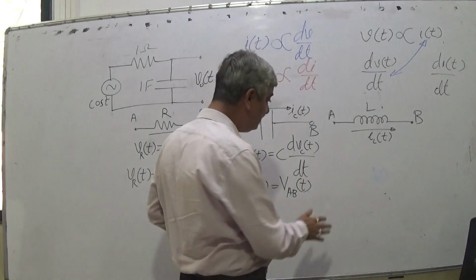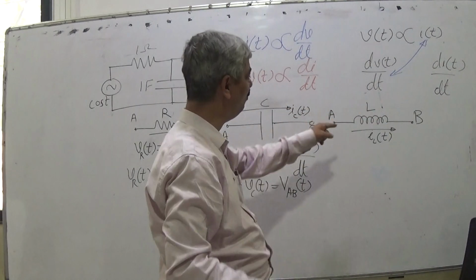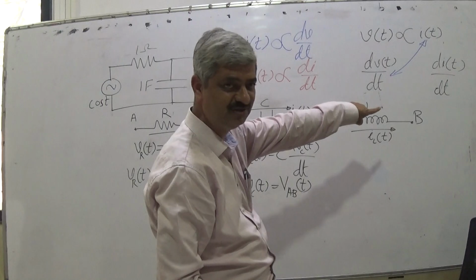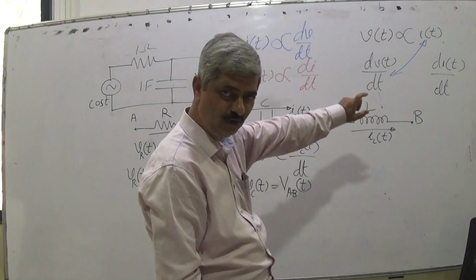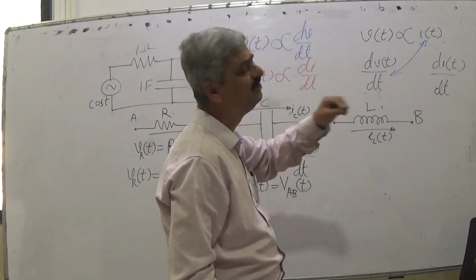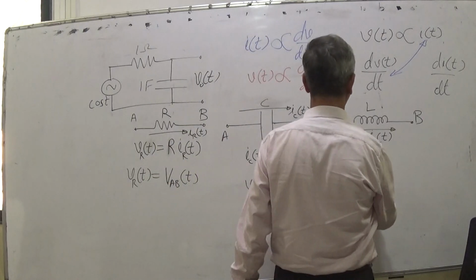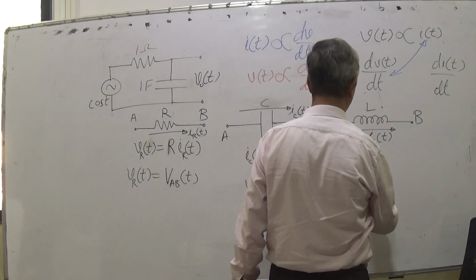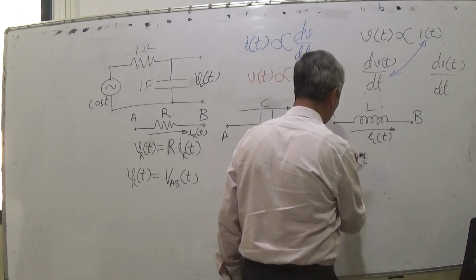So inductor is a component that exists using the coil, the ferrite core. Pure inductor is difficult, pure capacitor is difficult, pure resistor is difficult, but to a large extent it works fine. We have current through inductor, voltage across inductor.